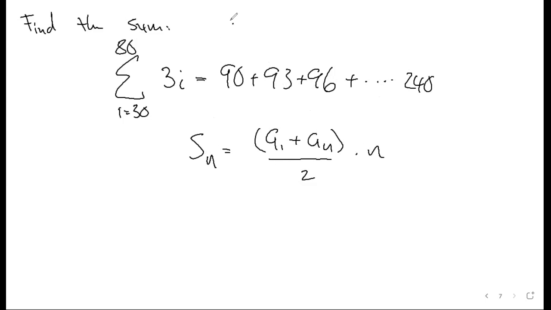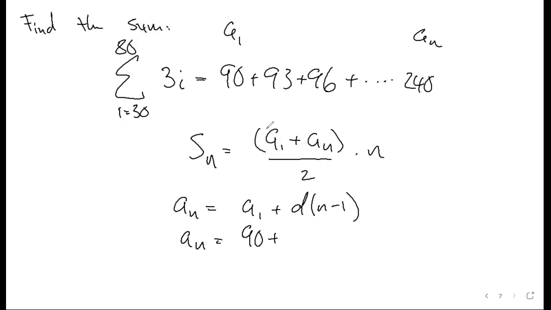I know this is my A1. I know this is going to be my An, but I don't know what An is. Well, okay, fine. I know that A sub n is A1 plus d times (n minus 1), because this is an arithmetic sequence. So A sub n here is 90 plus, my common difference is 3.